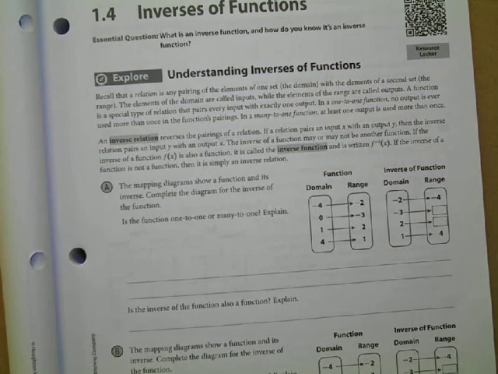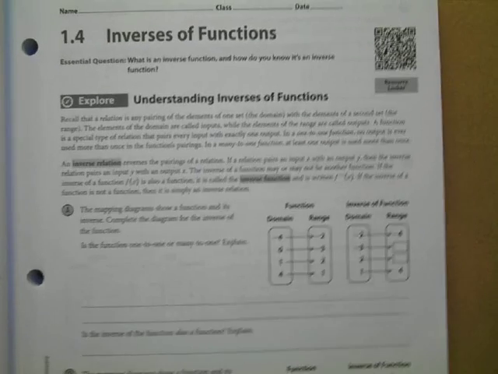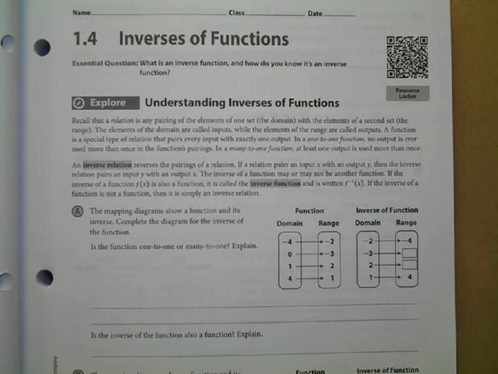So the question is, what is an inverse function, and how do you know it is an inverse function? First thing we talk about, recall that a relation is any pairing of the elements of one set, the domain, with the elements of a second set, the range.